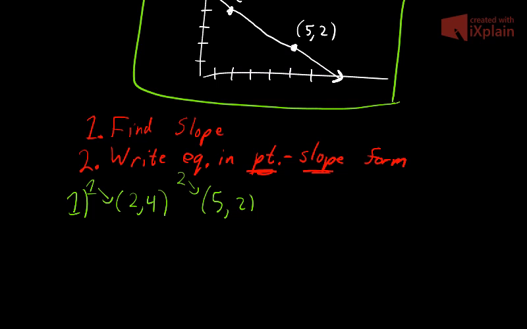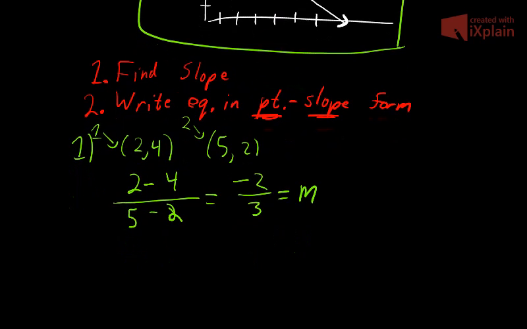So it would be the second y, which is 2, minus the first y, 4, divided by the second x, 5, minus the first x, 2. That should be my equation for slope. 2 minus 4 is negative 2, 5 minus 2 is 3, and my slope is negative 2 over 3. I'll use the letter m to say slope.